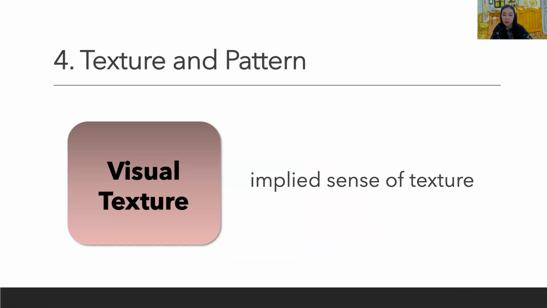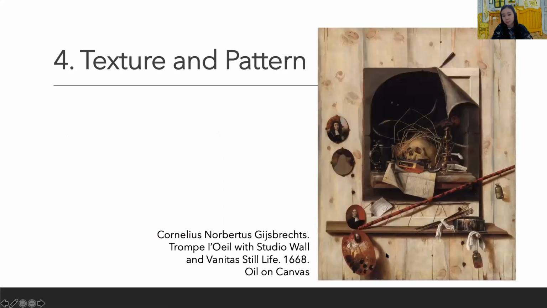Visual texture refers to an implied sense of texture that the artist creates through the use of various artistic elements such as line, shading, and color. So let me show you an example. This is a painting. However, with the artist's excellent painting technique, we can feel the texture of the image. The wood wall in the background and the little items on the shelf, everything looks very realistic.